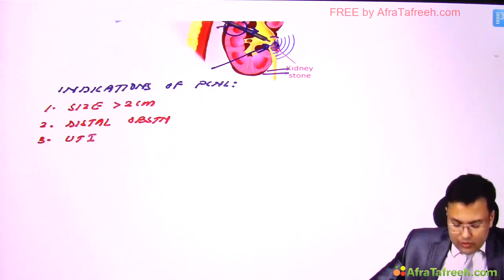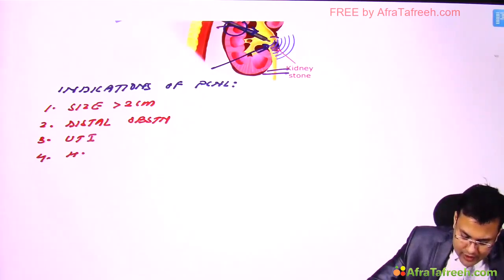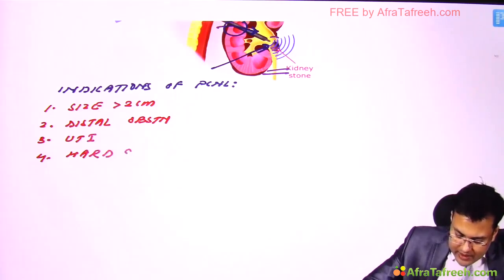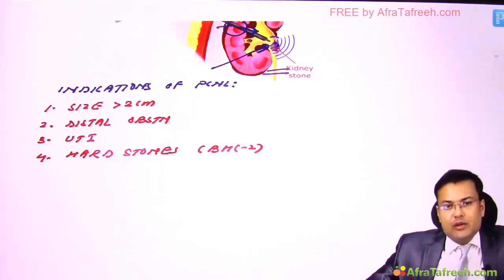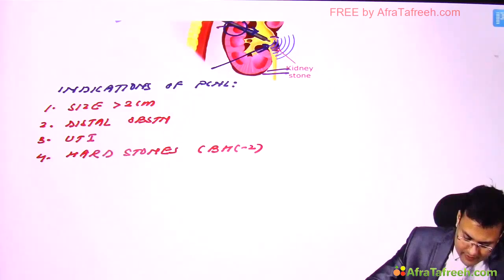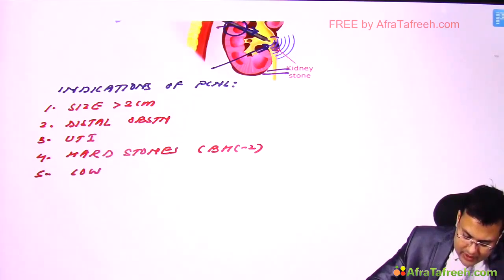Fourth, hard stones. I told you one mnemonic for hard stones, and the mnemonic was BHC2. So what's the full form of BHC2? It's the brushite, hydroxyapatite, cysteine, calcium oxalate monohydrate. Fifth, lower calycial stone.